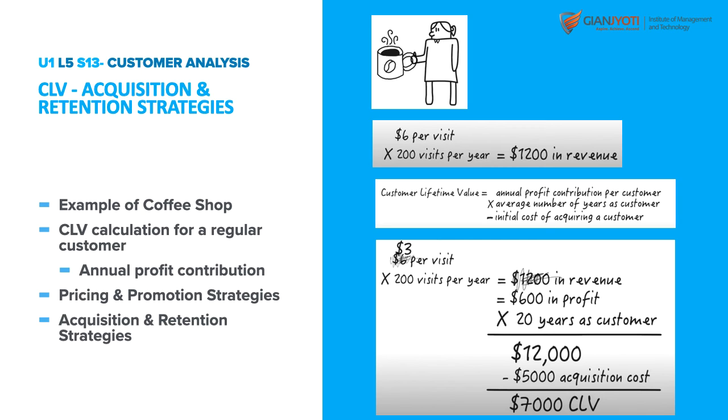So it becomes 3 per visit into 200 visits per year. So the profit contribution by this customer is 600 for 1 year.